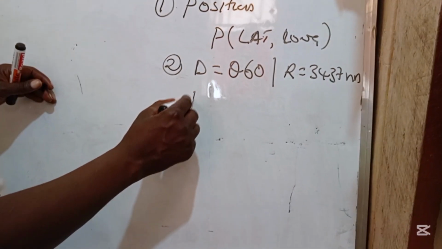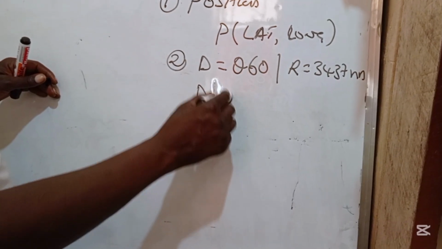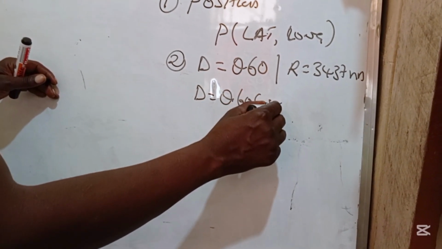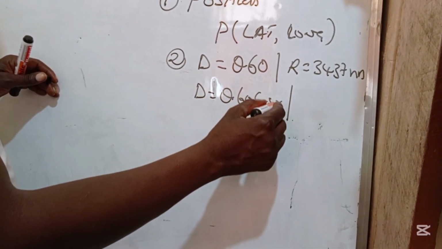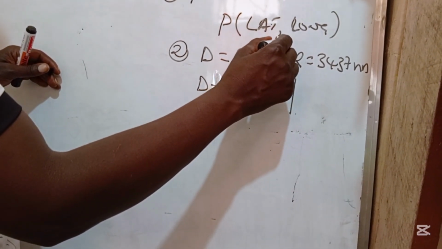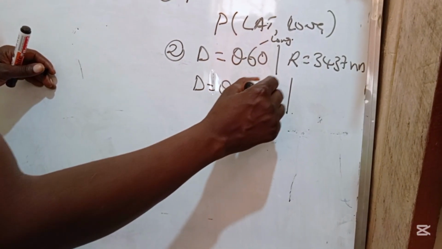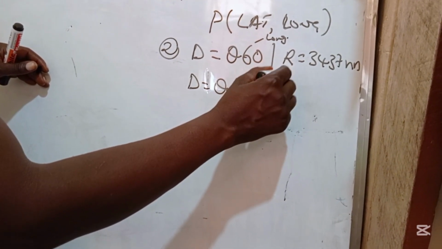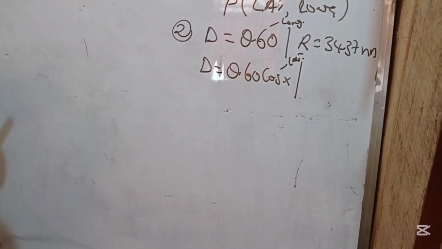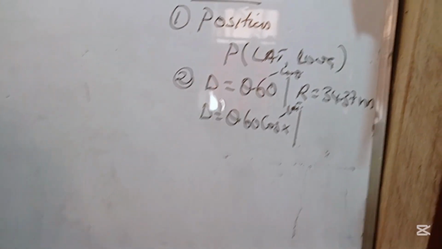What about along the latitude? It is theta times 60 times cos x. This one is along the longitude, and this one is along the latitude. I hope I've clarified that. We should remind one another before we tackle this question.